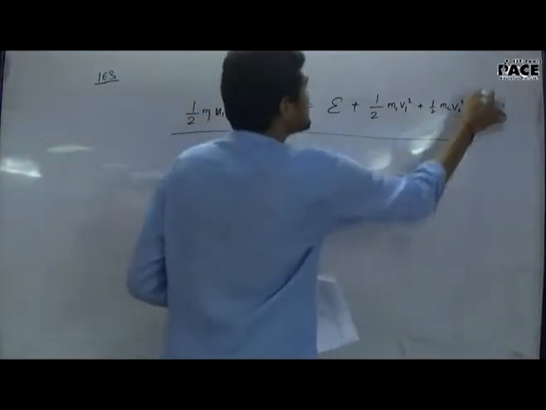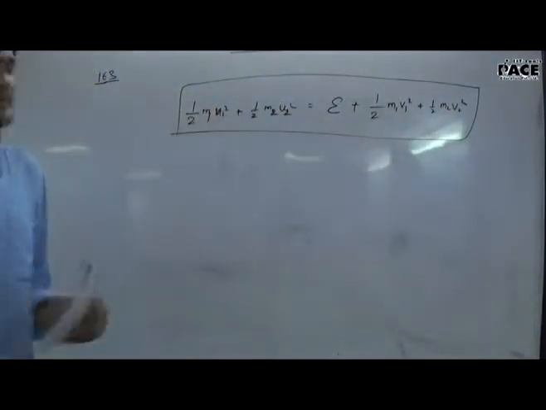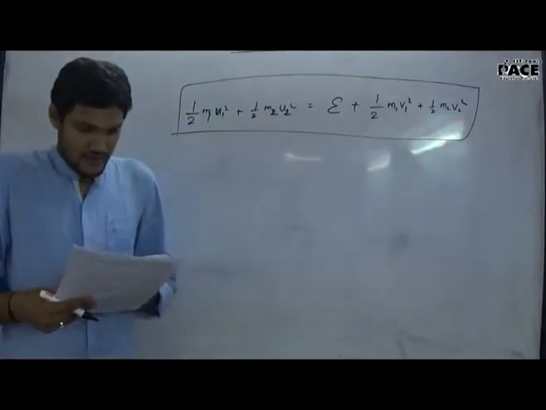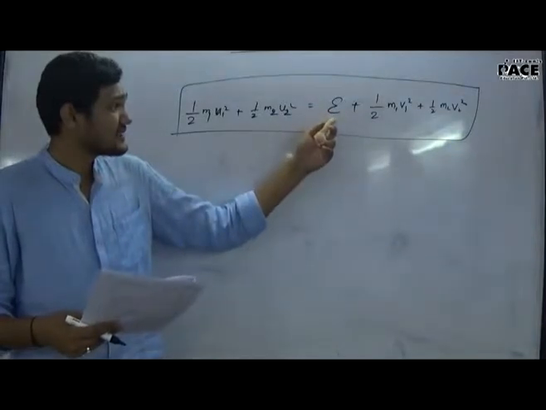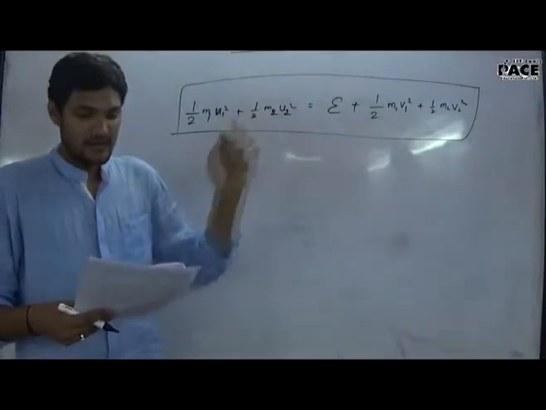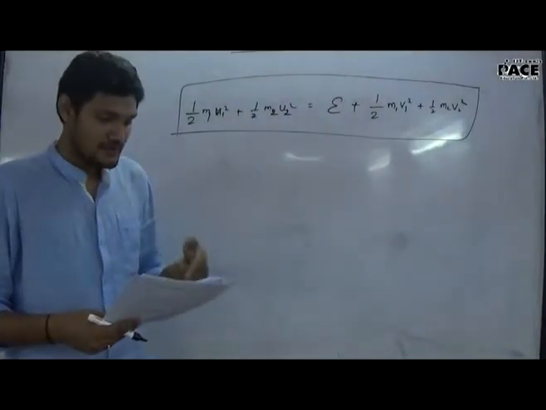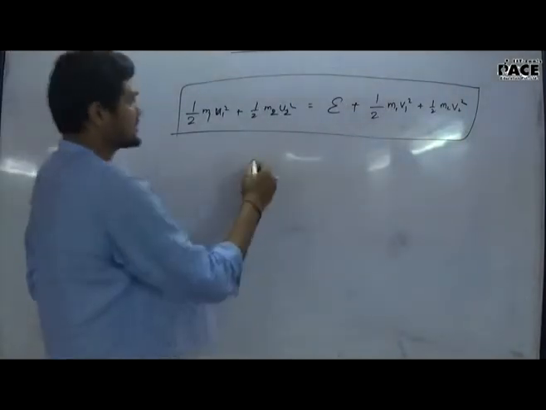So this is the relation of energy conservation. Just shuffling this, taking this epsilon to the left hand side, you'll get option 2. Option 2 is the same as this, so option 2 is correct.